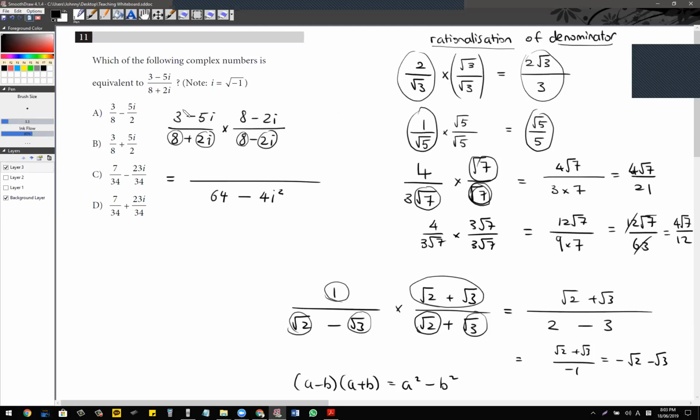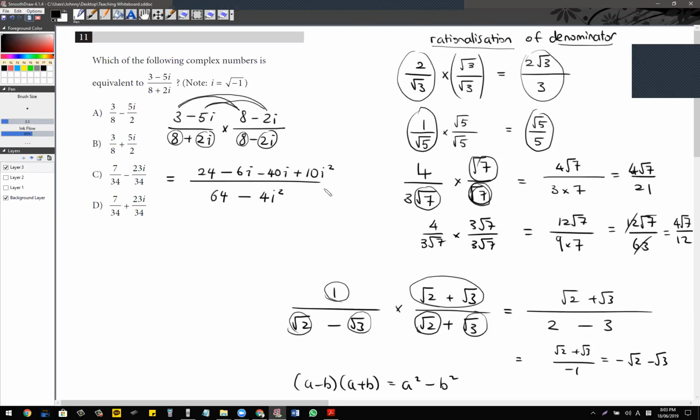And then this is a bit complicated, but this times this is? 3 times 8 is 24. 3 times negative 2i is negative 6i. This times this is negative 4i... yep, this times this is positive 10i... 10i squared, right? All right.